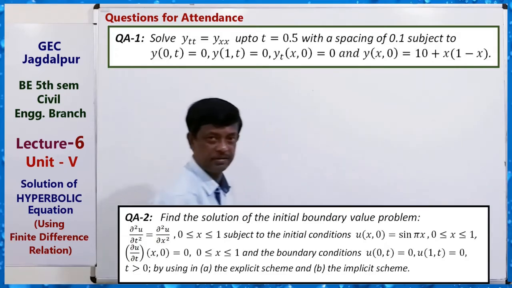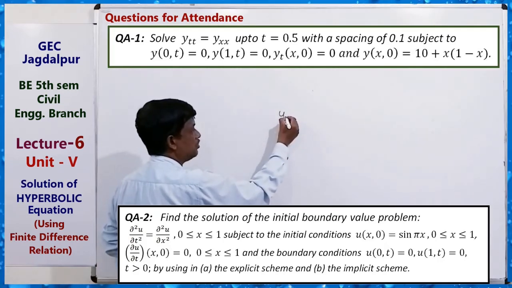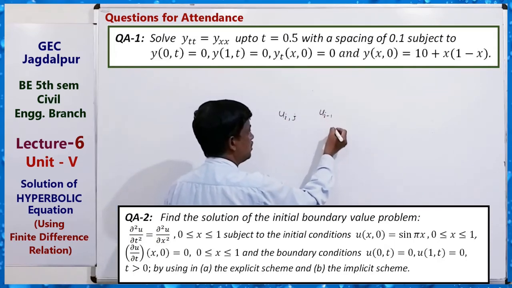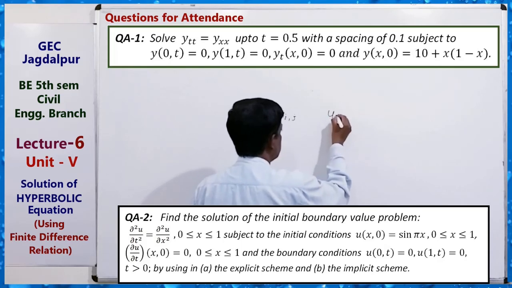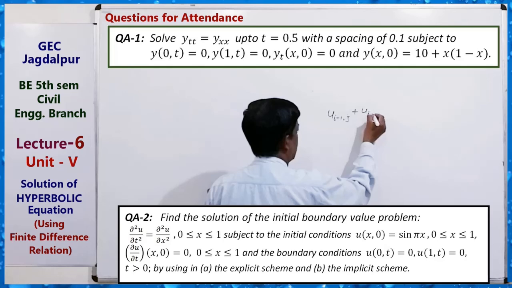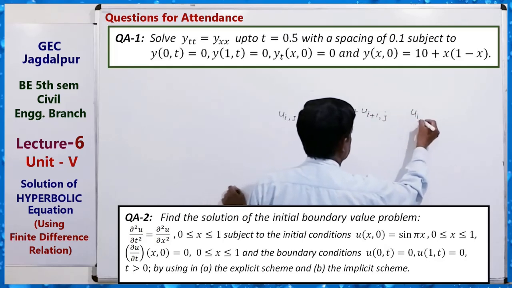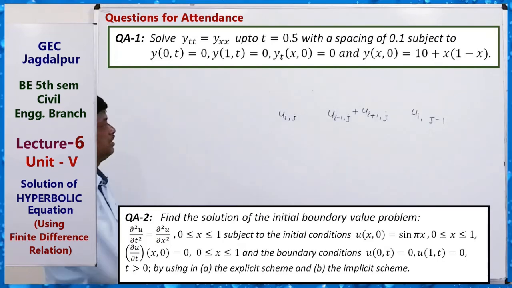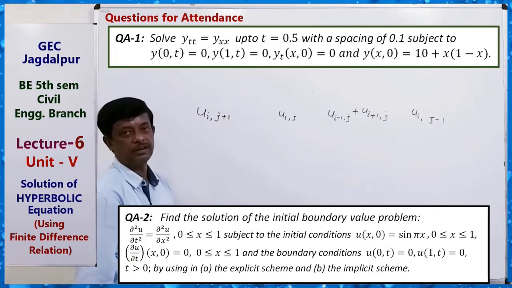Here the j level means all the values are in terms of u(I minus 1, j), u(I plus 1, j) and u(I, j minus 1), which is the lower level, and the left hand side contains the I, j plus 1 level.